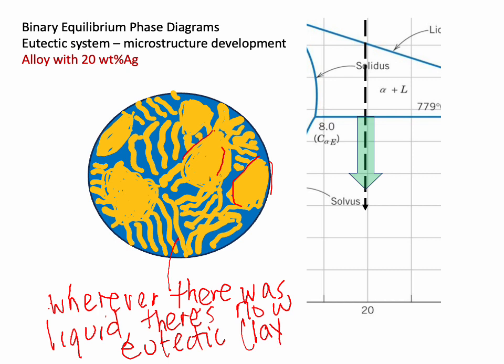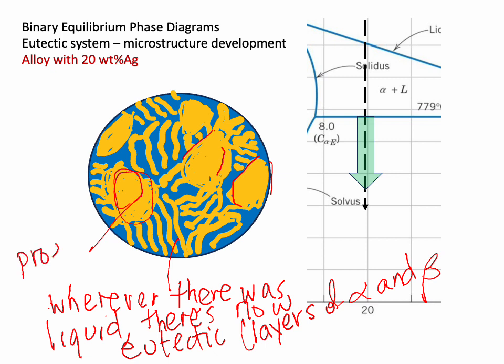Just layers of alpha and beta. So this here, that's my pro-eutectic alpha. And wherever I see these layers of alpha and beta, this is my eutectic.